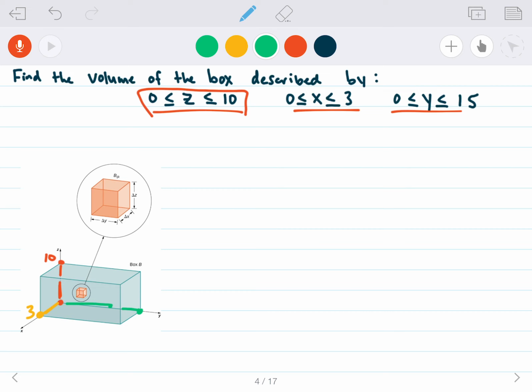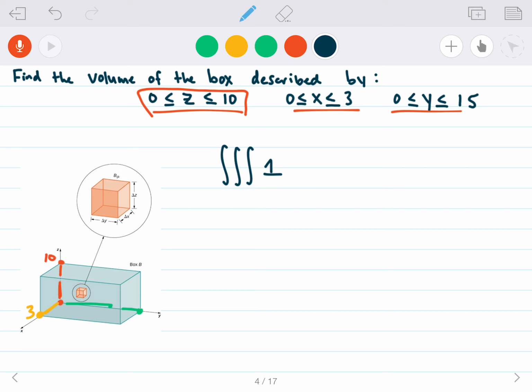Okay, so we want to set up a triple integral to integrate along this region. So let's just set up our integrals, and we're going to be integrating 1 since we don't have a function defined.